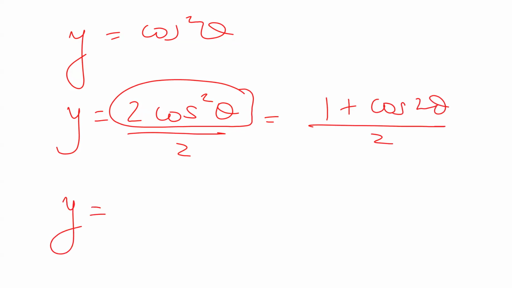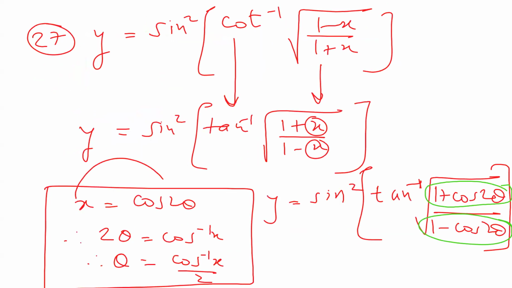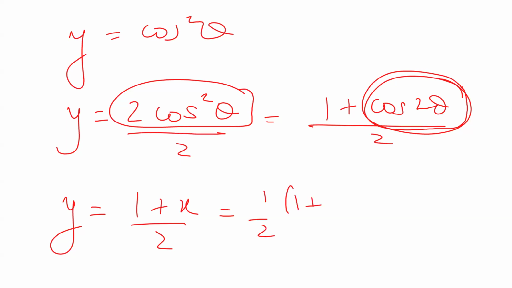And guys, if you remember, at the start of the problem, we had taken x as cos theta. X is cos theta. So cos 2 theta at the very end, I'm going to replace with x. So this is equal to half into 1 plus x.